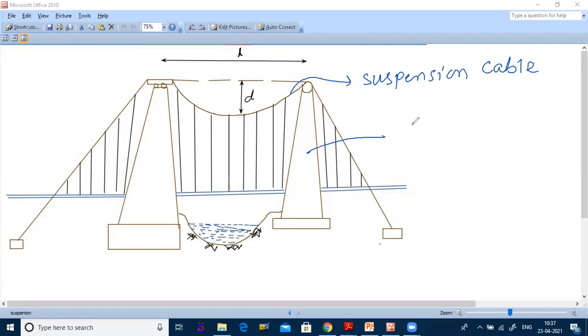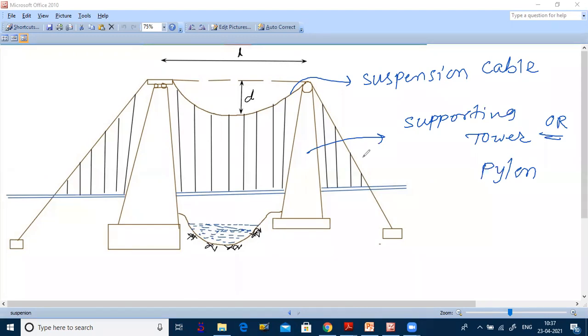Okay, this is your supporting tower. Please draw this diagram. Supporting tower, or you may call it a pylon.